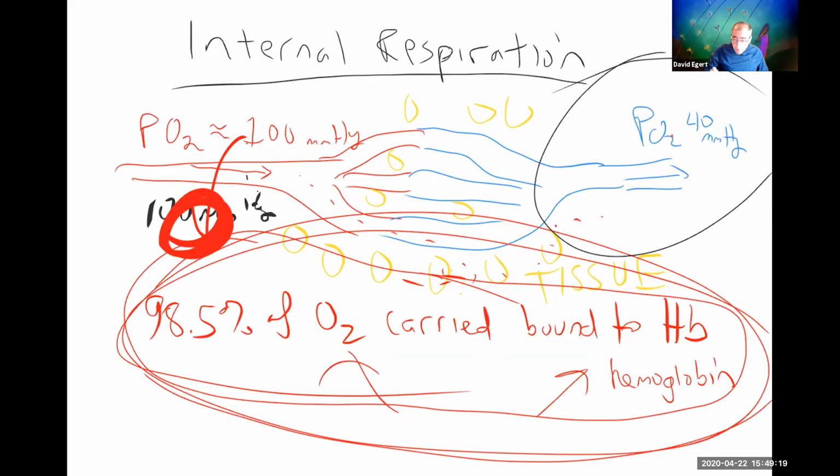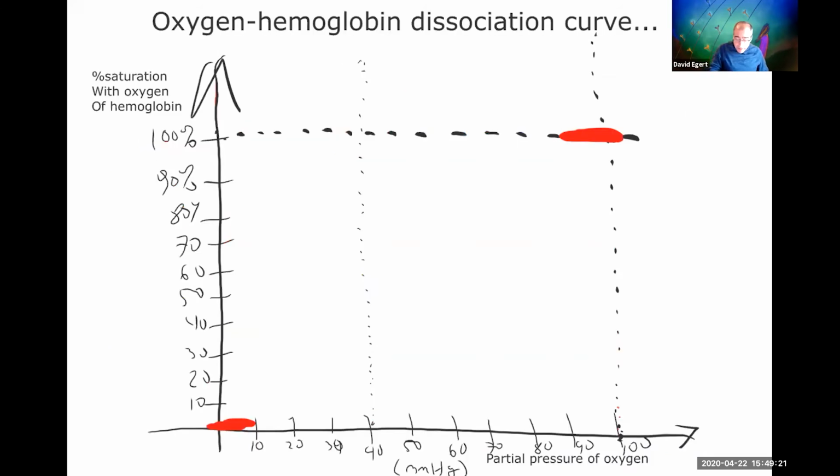So if we look at our graph here, it makes sense that at 0 partial pressure of oxygen outside, the blood has let go of all the oxygen. There's no oxygen left attached to the hemoglobin. If it's 100 millimeters of mercury around, then the oxygen is still stuck on the hemoglobin. It hasn't let go at all.